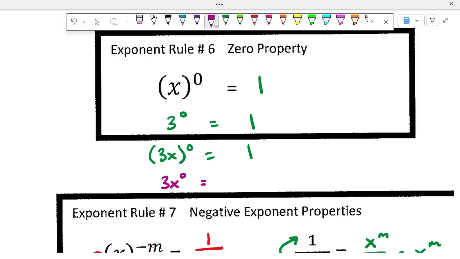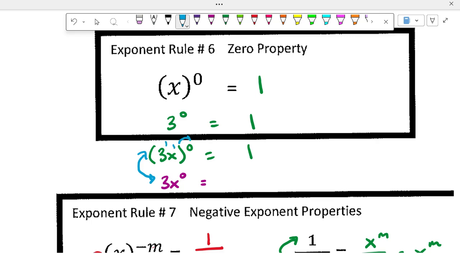Why is it 3 and not 1? Because you just don't have an x. Use your x's. But are these the same? Because we said that this is 1. What's the difference? You're factoring. Right, the zero only multiplies to the x in this case, but here, what's going on?